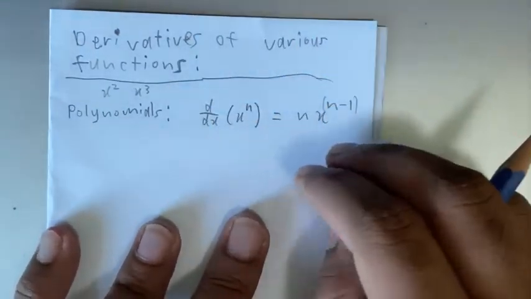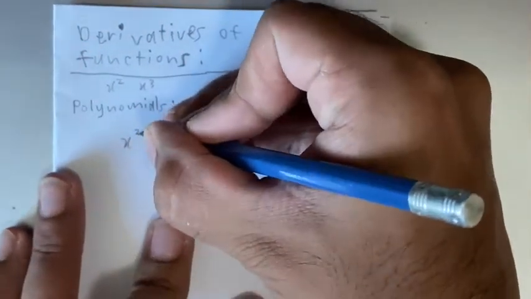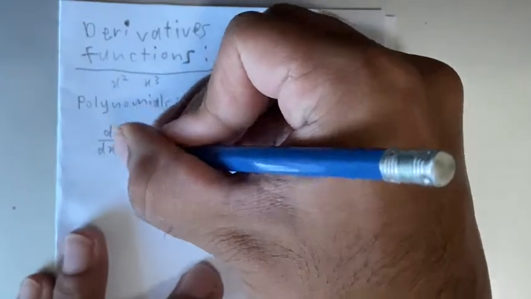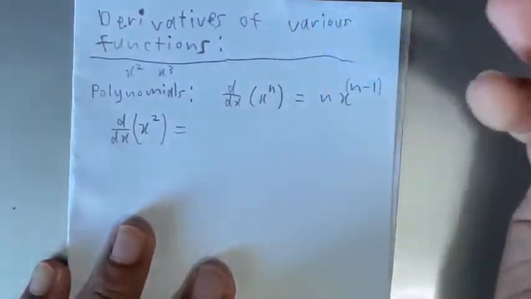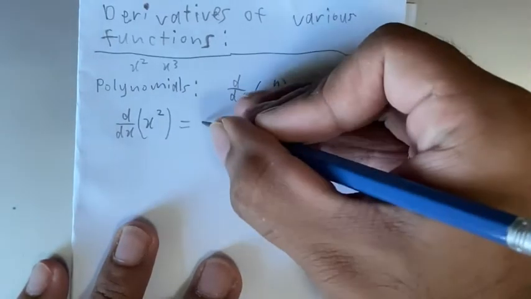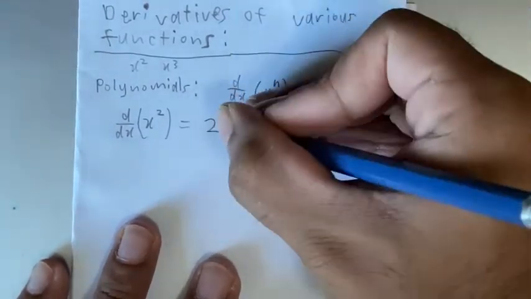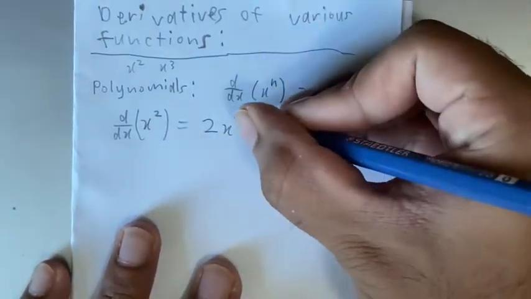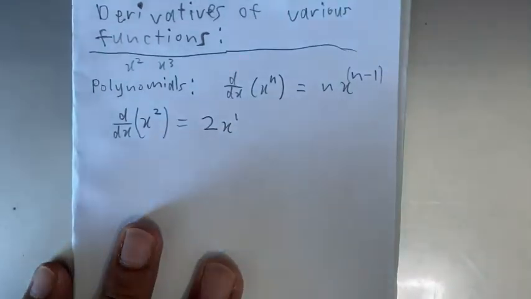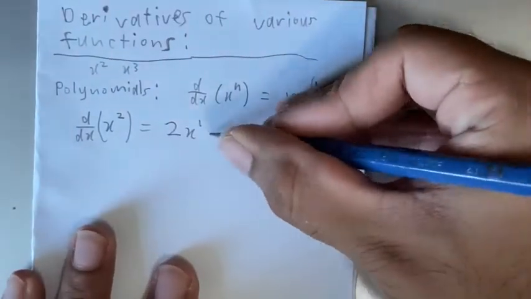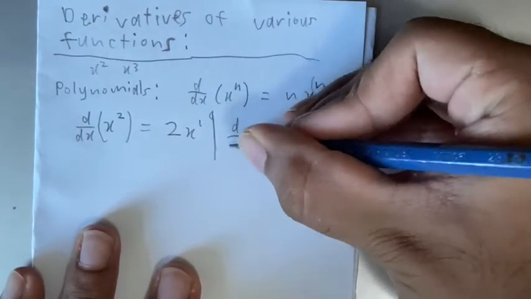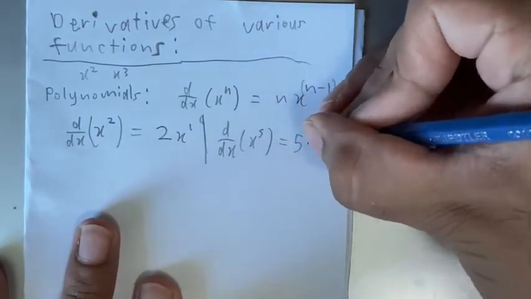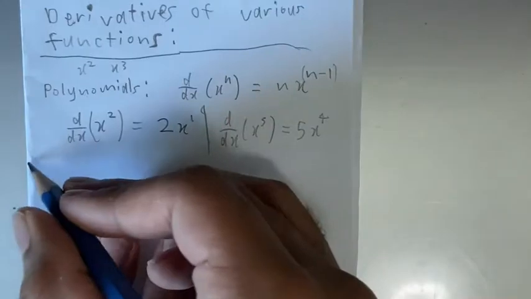So for example, if you have x squared and you're taking the derivative of that, then we take the 2 and put it down, so you get 2x to the power of 1, because 2 minus 1 is 1. Similarly, d by dx of x fifth is equal to 5x to the power of 4, using the same method.